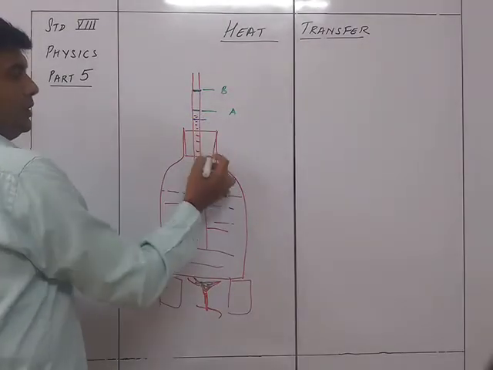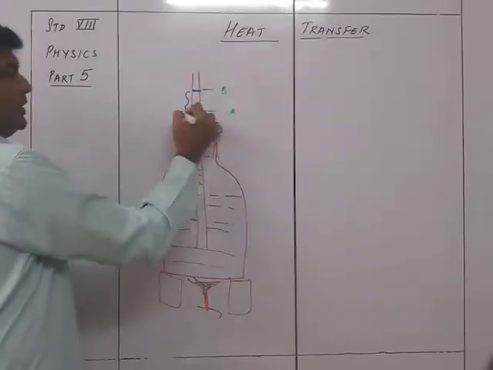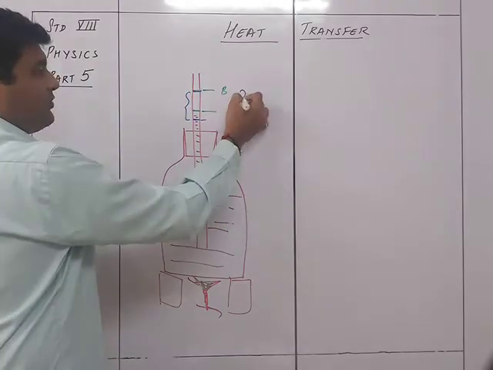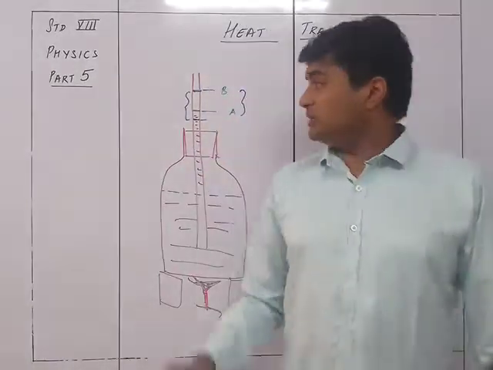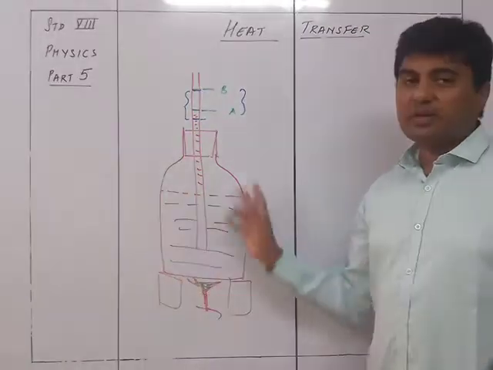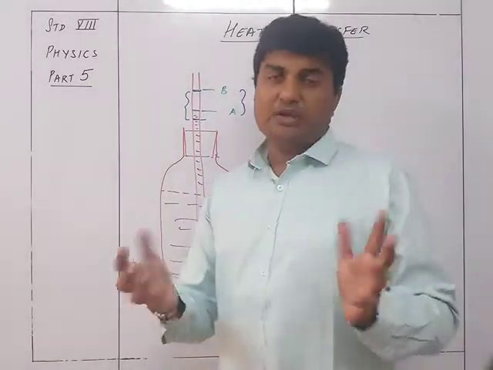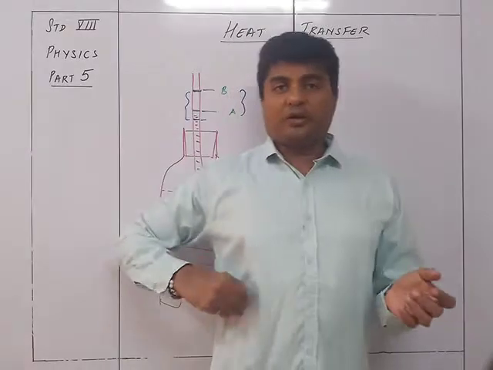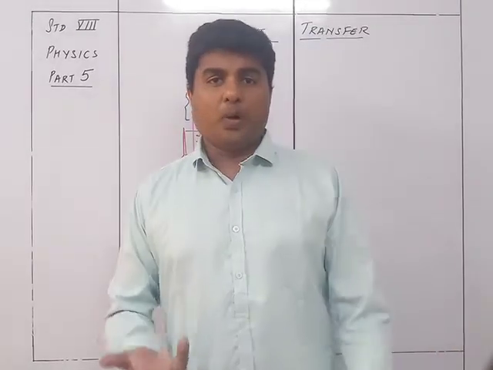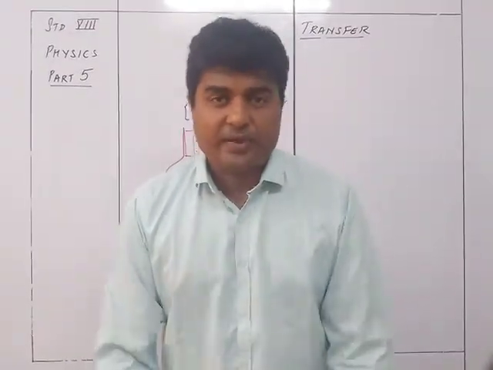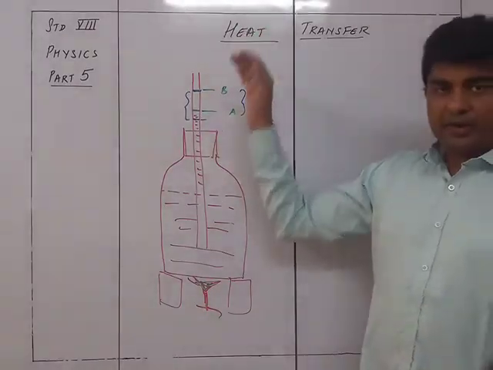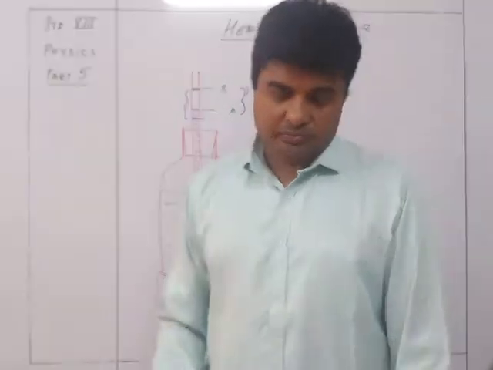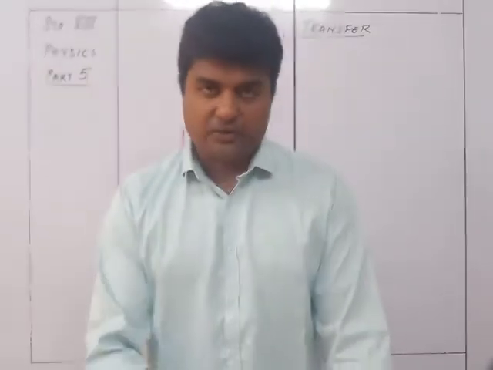So the actual increase is from here to here, but we see the increase only from A to B, because when it goes down, it is the expansion of the bottle which has taken place. When we heat, the bottle also gets heated up first, and when the bottle gets heated up, it expands the same way as the water. So that's why it is going to go down first and then it will rise up. Anyway, it is just for your information. There is nothing connected to the textbook.